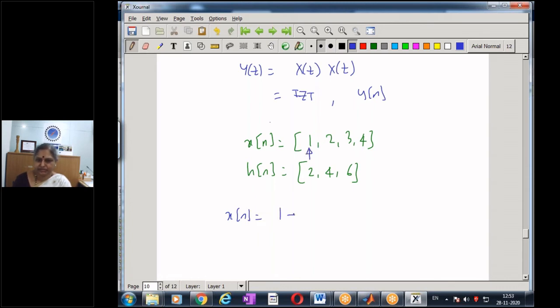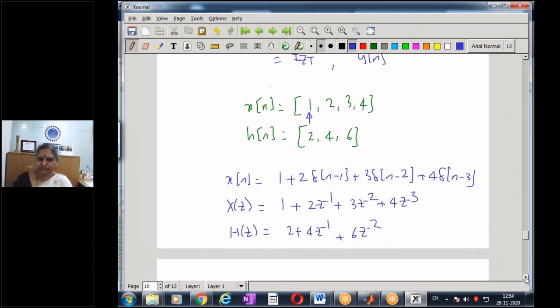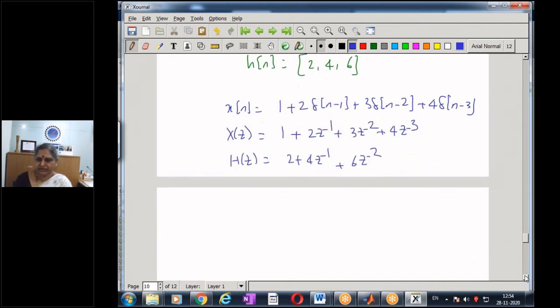This can be written as 1 plus 2 delta n minus 1 plus 3 delta n minus 2 plus 4 delta n minus 3. So the Z transform of xn is 1 plus 2z inverse plus 3z power minus 2 plus 4z power minus 3. Similarly, I get my H of z as 2 plus 4z inverse plus 6z power minus 2.